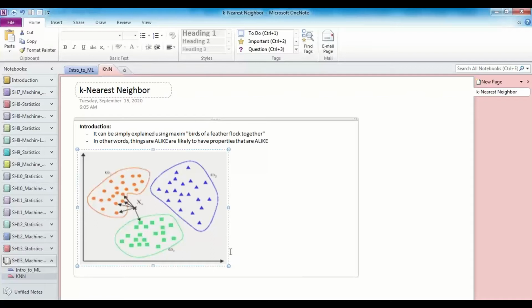Say as an example, I have 100 data points as part of my data set, and I have put all my 100 data points onto this two-dimensional picture. Each data point has some characteristics, say x1 and x2, and I put a dot at the coordinates of that particular record.